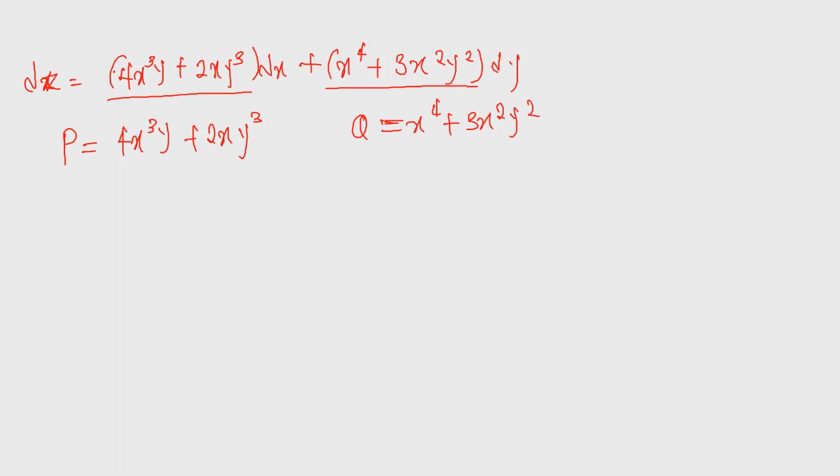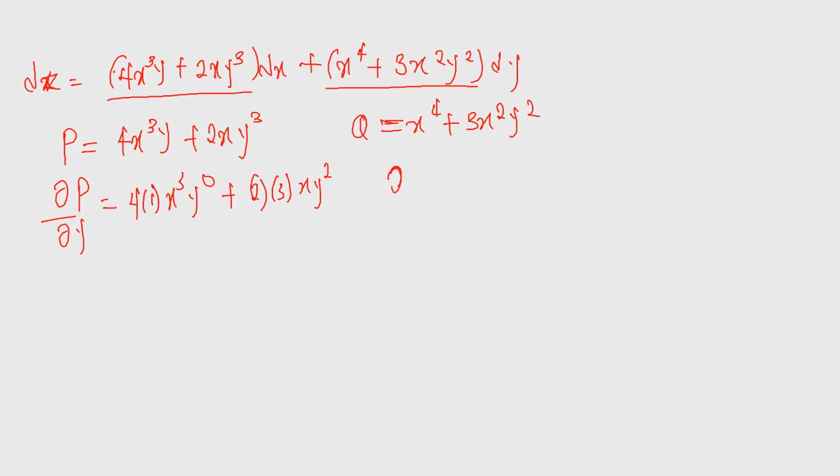So I'm going to differentiate P with respect to y. What am I going to have? If you differentiate P with respect to y, it is going to give you 4 multiplied by 1, x^3 y^0, plus with respect to y it is going to give you 2 times 3 x y^2.